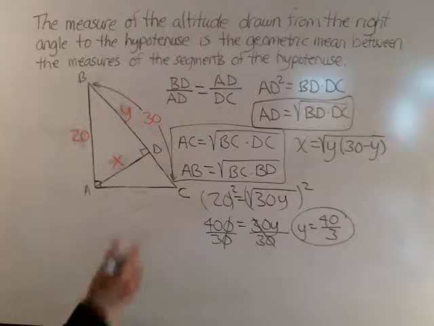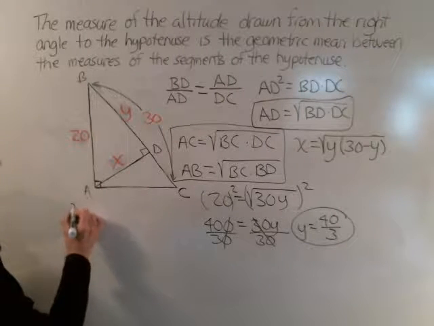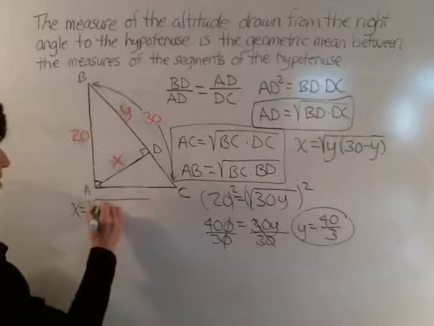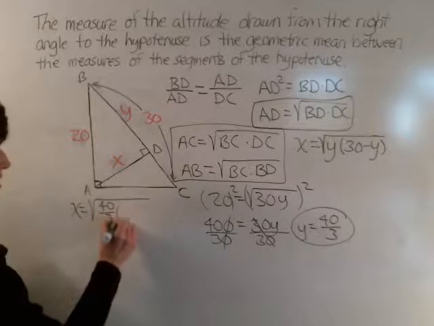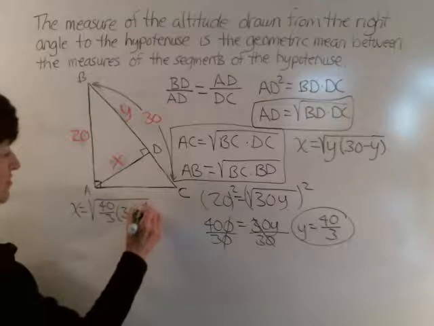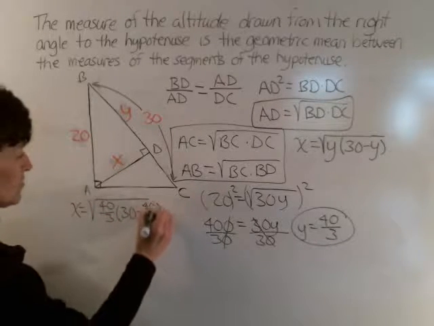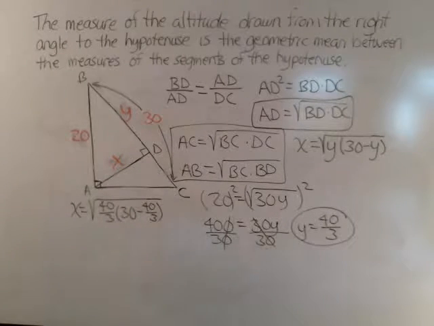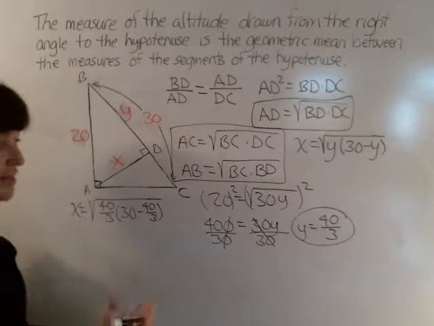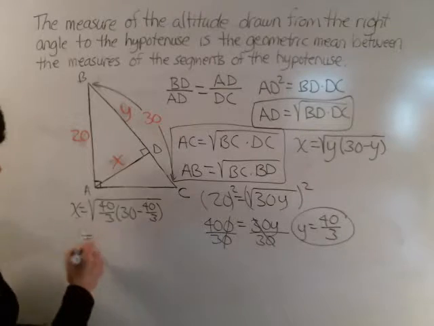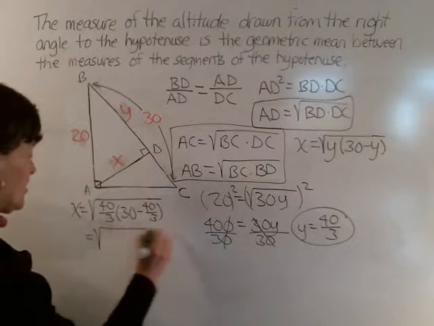Well, let's put that in and solve for x. So x equals the square root of 40 over 3 times 30 minus 40 over 3. Now, I did this problem because I wanted you to see that you can have ugly fractions in these situations, but you have the math skills to deal with that.